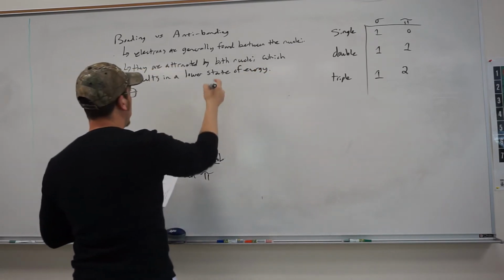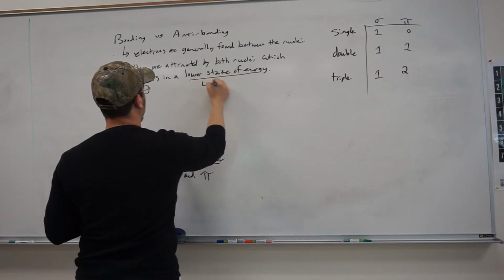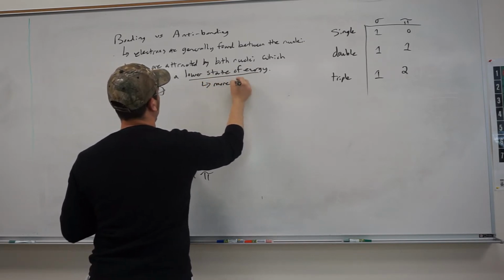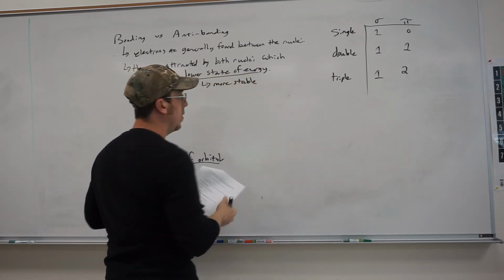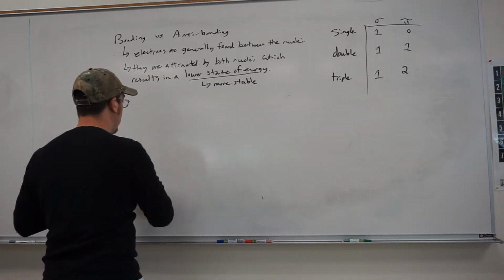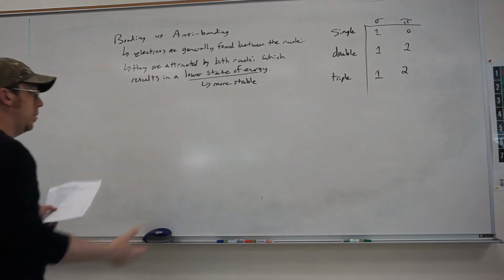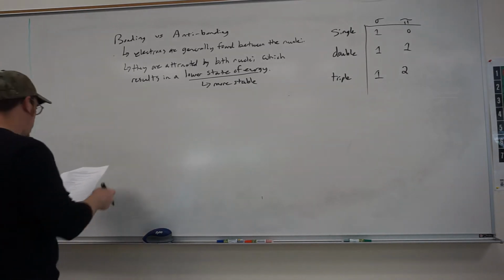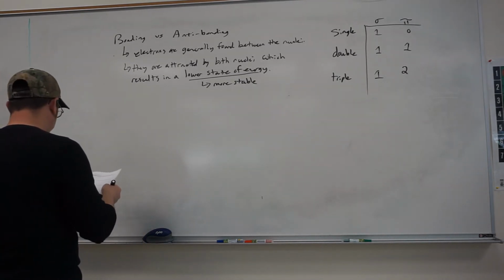If you have a lower state of energy, you are going to be more stable. So the molecule will be able to exist longer periods of time and not fall apart. The less stable, the less likely that molecule will form in nature.